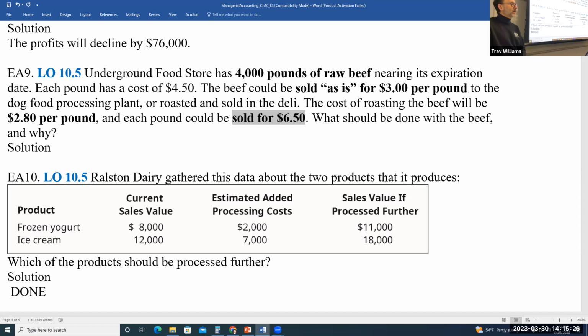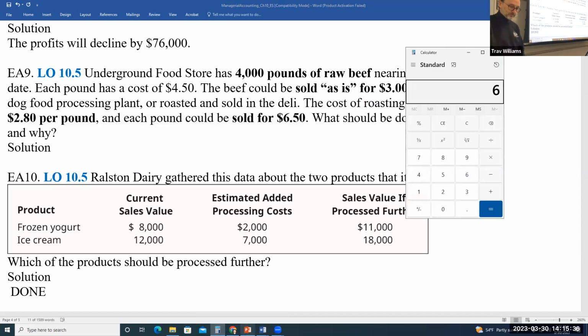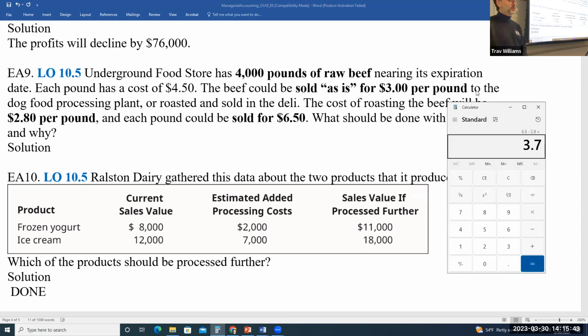So that means the relevant difference is the difference between those two. $6.50 minus $2.80. So in other words, if we roast it and sell it as roast beef, we make $3.70 per pound, right?